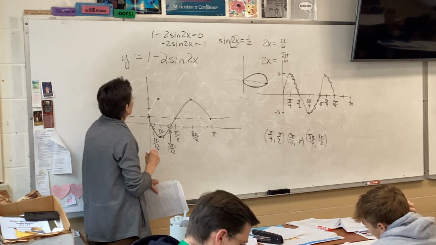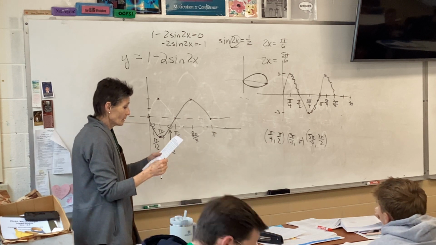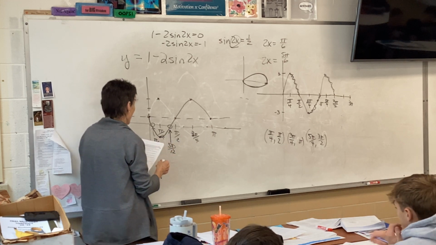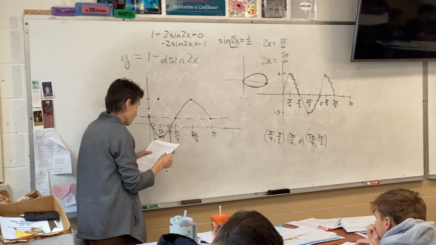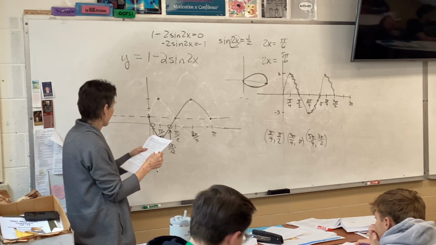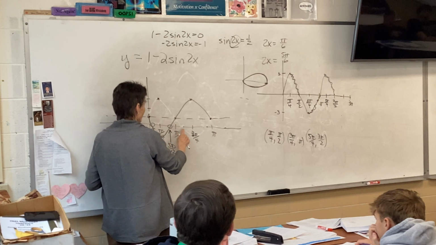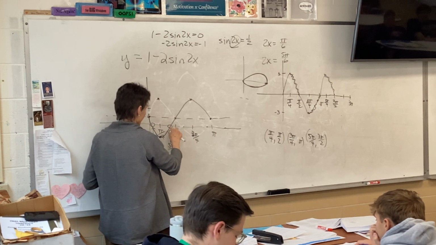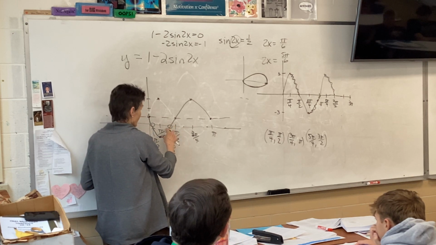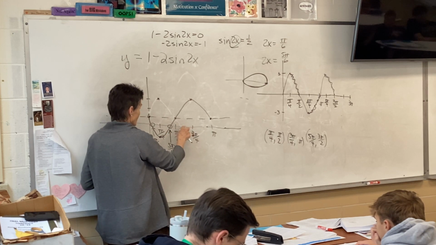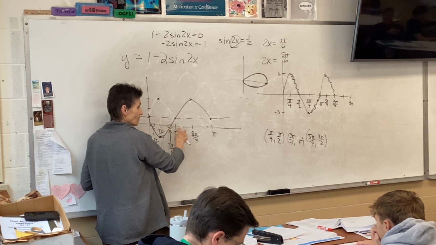Okay. Now, what am I doing? The graph has a relative minimum on the interval from pi over 3 to 2 pi over 3. Wait a second. Wouldn't pi over 3 be in here somewhere? And 2 pi over 3 would be over here somewhere? Is there a minimum in that interval?